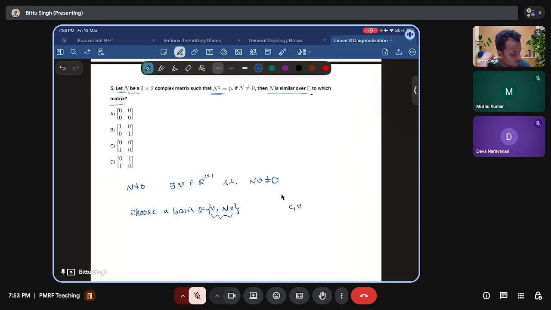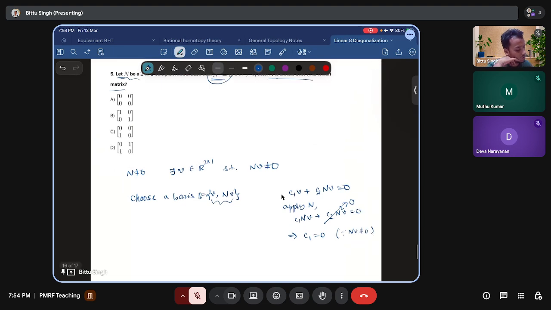So if we assume the combination C1 v plus C2 nv equal to 0 (star), then apply n. We get C1 times nv, plus C2 times n square v, which is actually 0 because n square equal to 0. But nv is a non-zero vector, therefore C1 equal to 0.